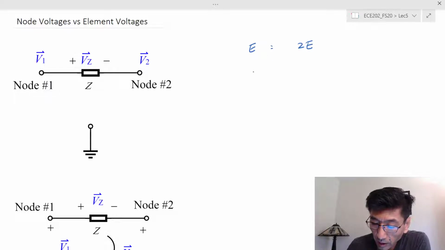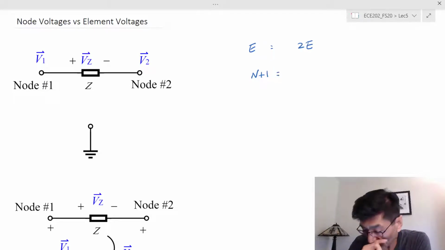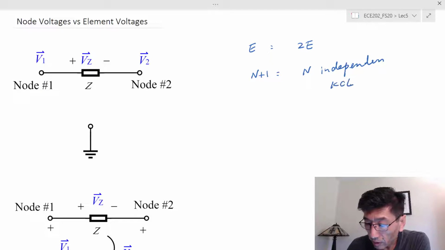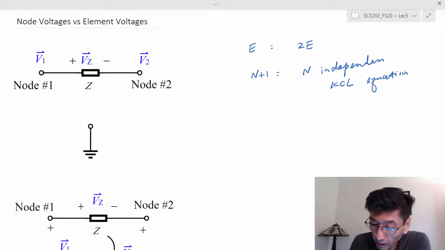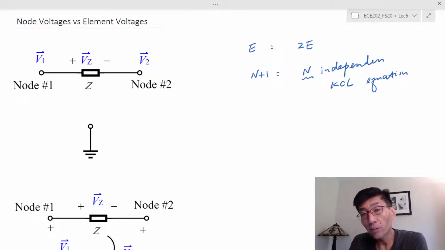On the other hand, if we have n nodes, we have n independent KCL equations. If we only need to solve n equations, that's a lot fewer than the 2E equations.